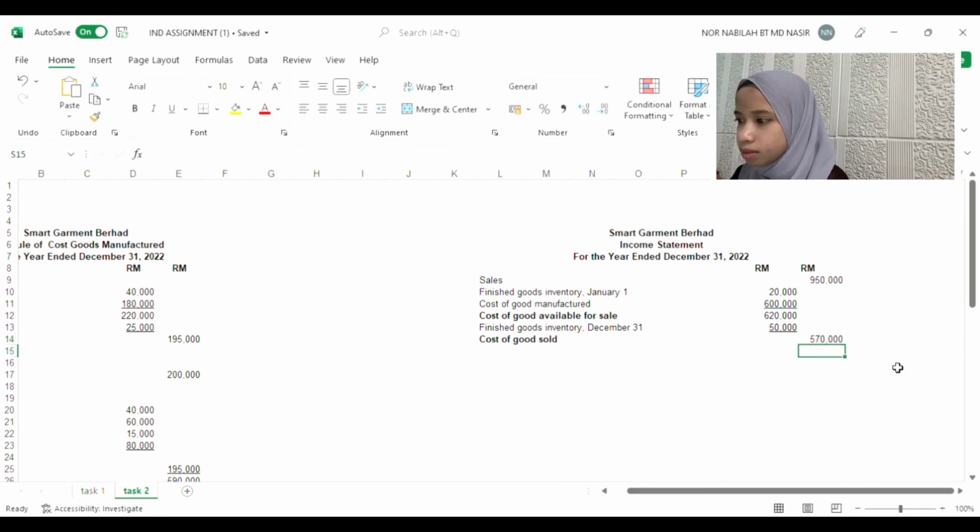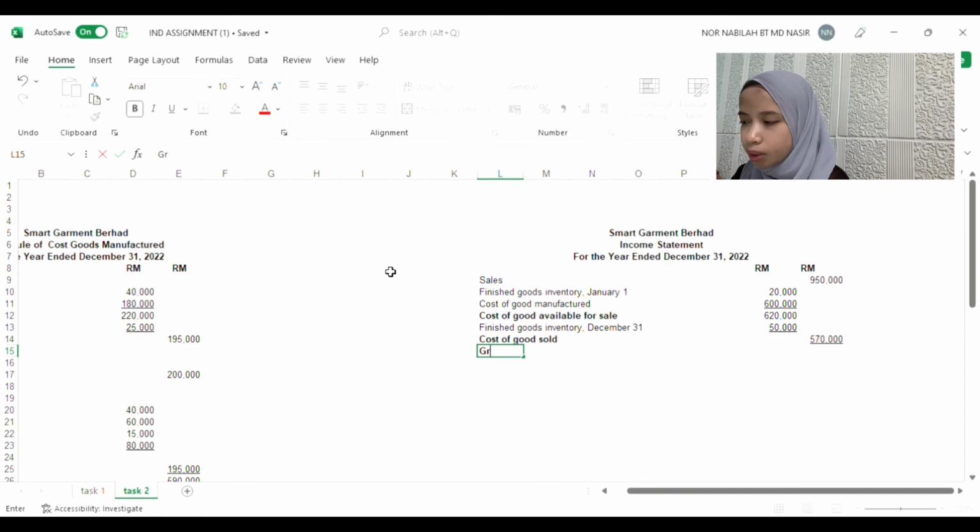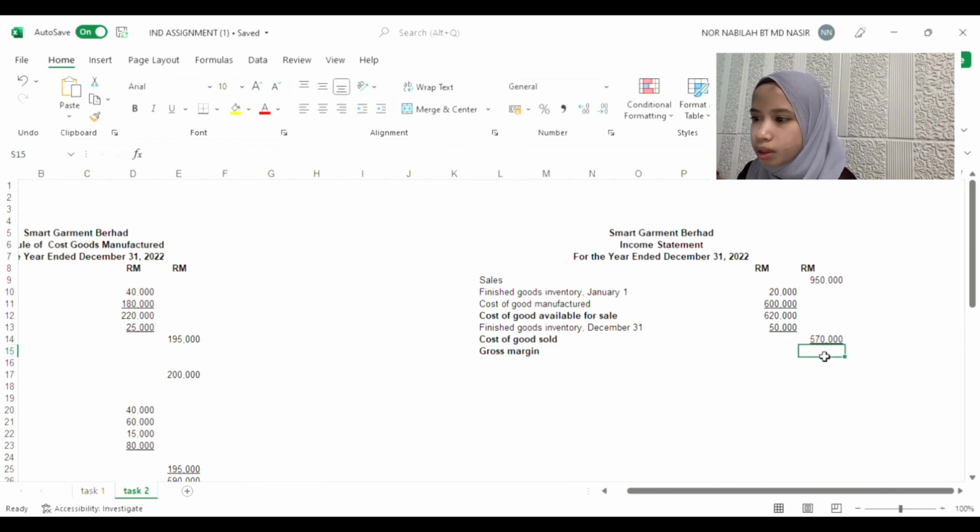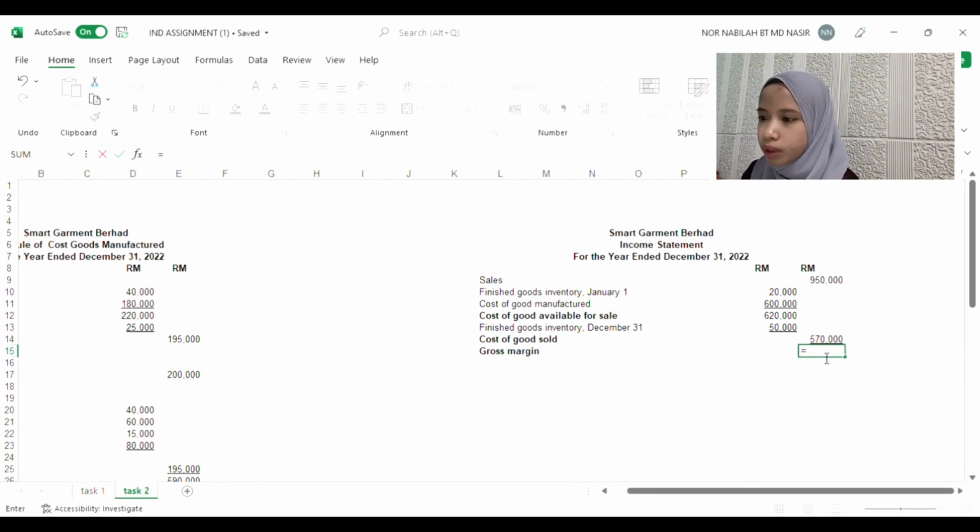So 620,000 minus finished goods inventory December 31, 50,000, is 570,000.